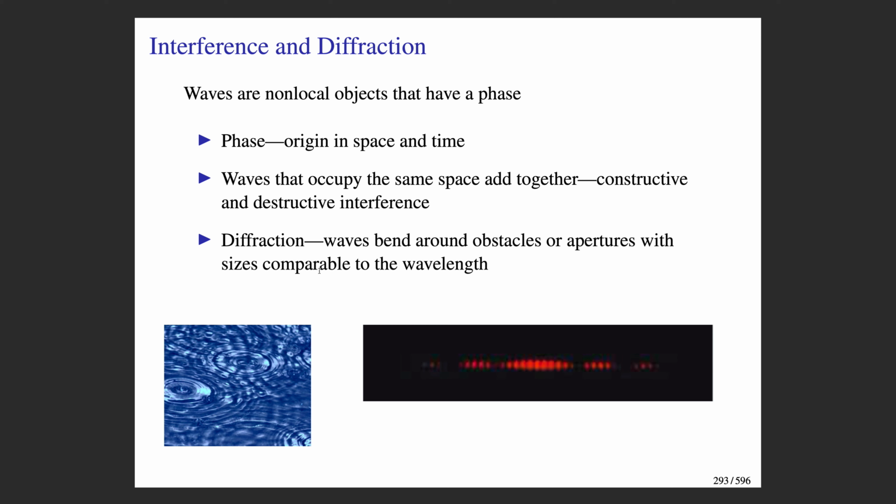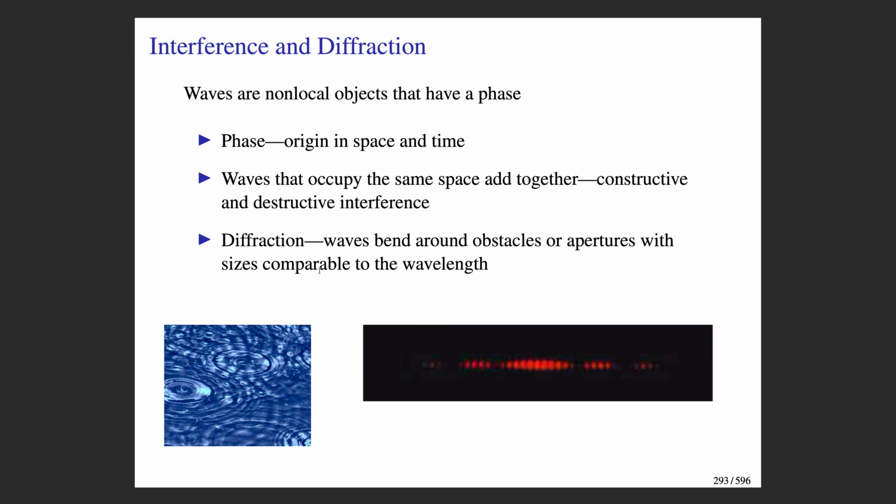Waves also have a phase. That is, there is some origin of the wave in terms of its position and time. And different waves have different phases, okay? That's important because that leads to what we call interference effects.